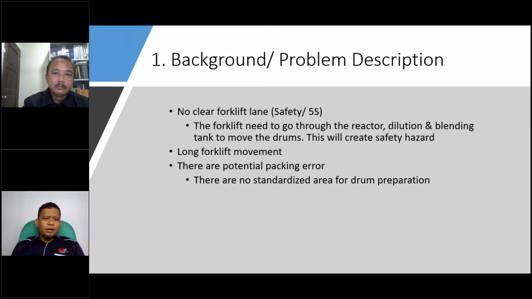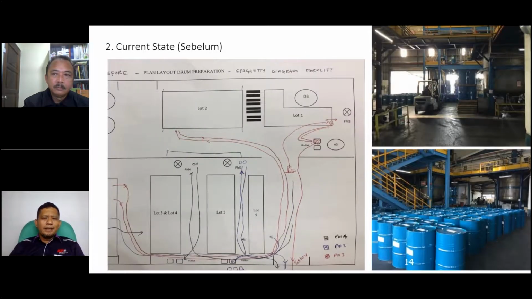So I asked them, can you give me the plant layout? They said they don't have a real one. So I just drew a quick one in which we identify the dilution tank, this is D3.